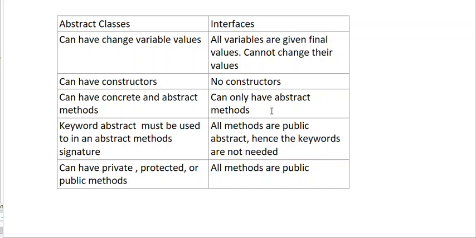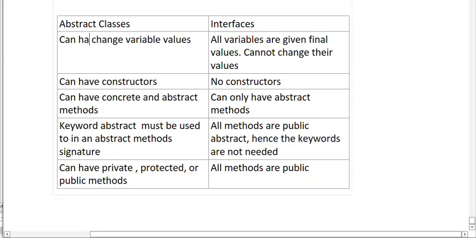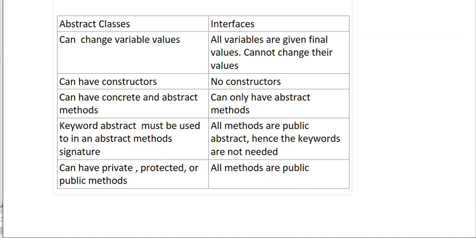In abstract classes you can change variable values. You can have x is equal to 2 and another statement can change x is equal to 4 later on. But in interfaces, all variables are given final values when they are declared and cannot change their values. So they are constant final values.